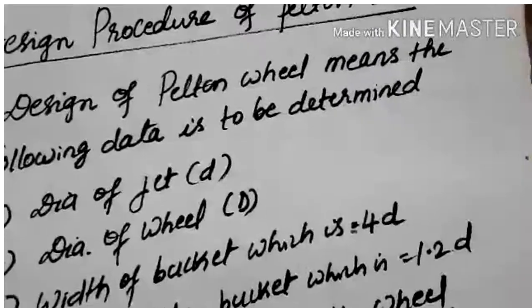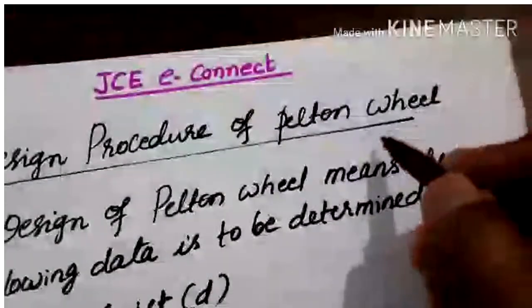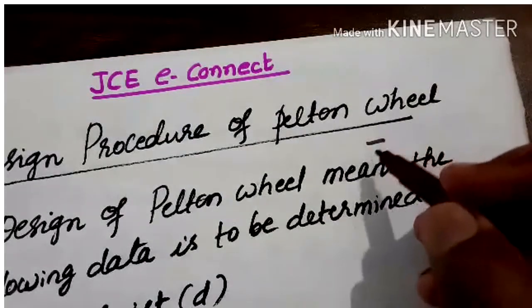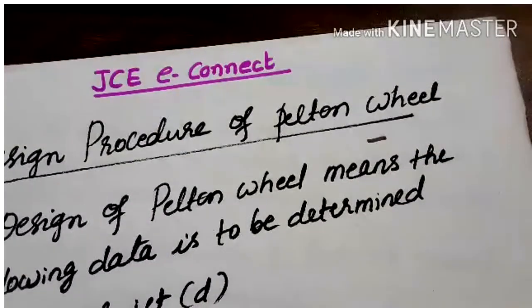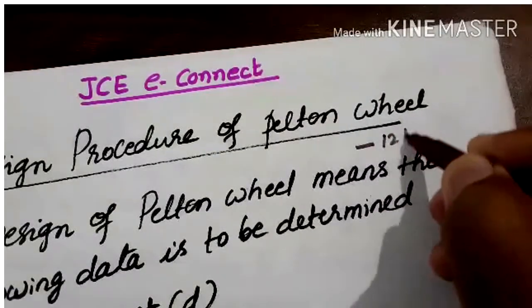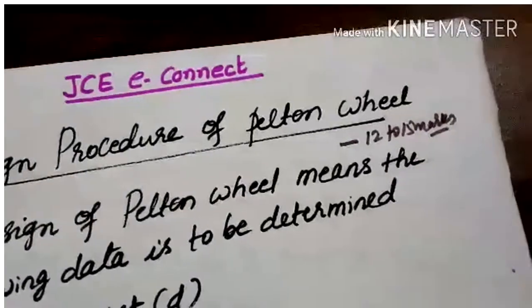The design of a Pelton wheel is very important from the examination point of view. Many a time the question will be asked in a VTU question paper. Generally it is asked for 12 to 15 marks. Sometimes for 20 marks also it is asked.